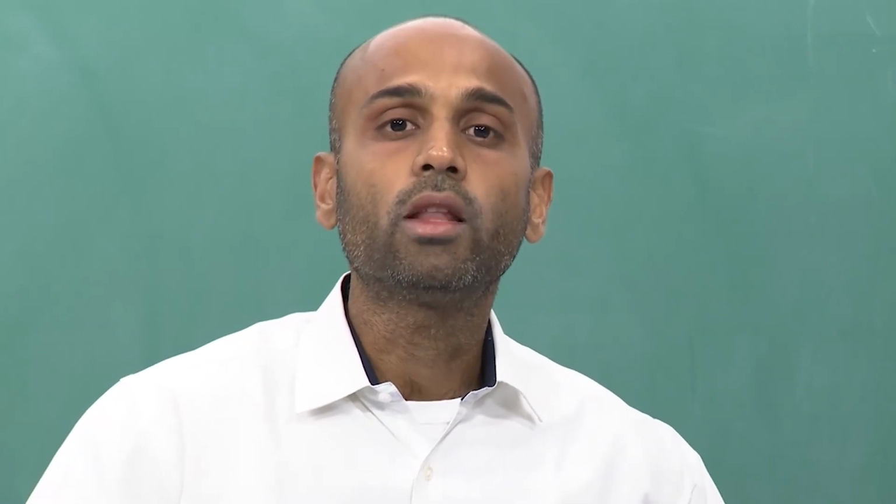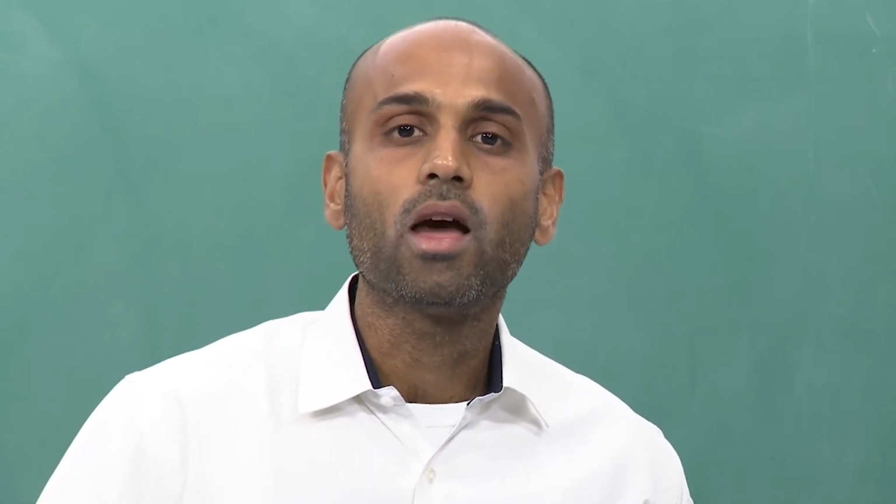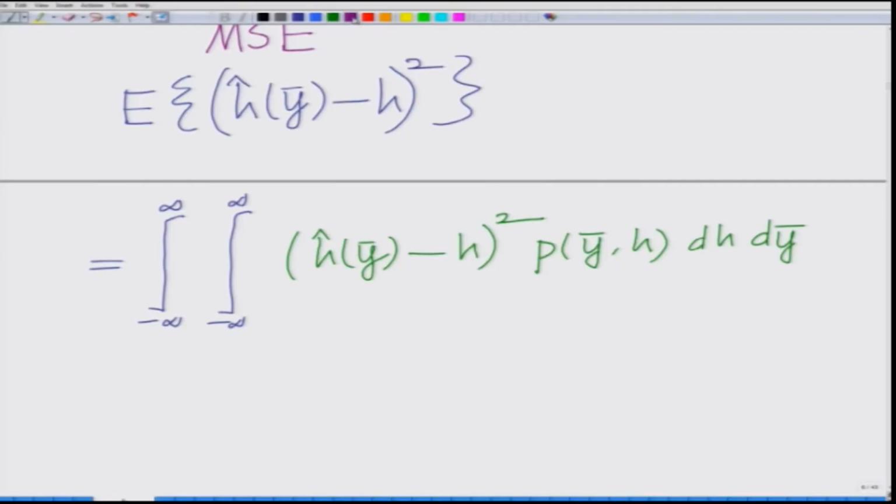To get the mean squared error, I have to average this random quantity over the joint probability density function of both y bar and h, because, as we have said, in the Bayesian framework the observations y bar as well as the parameter h are random in nature. Therefore, to compute the mean squared error, I average this instantaneous quantity over the joint probability density function of y bar and h.